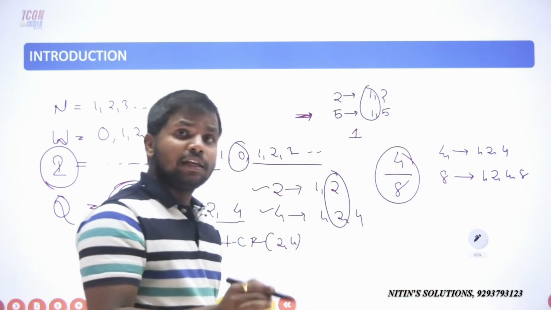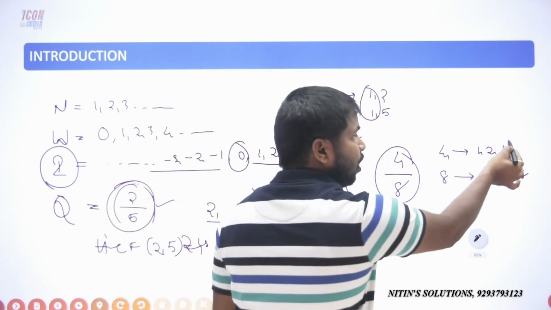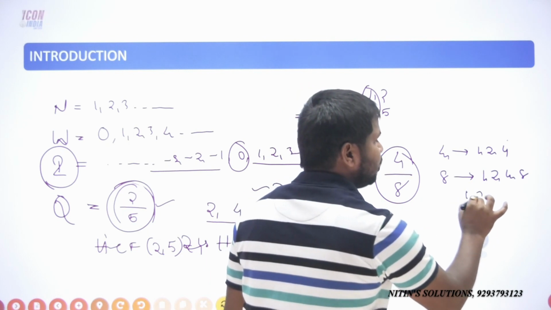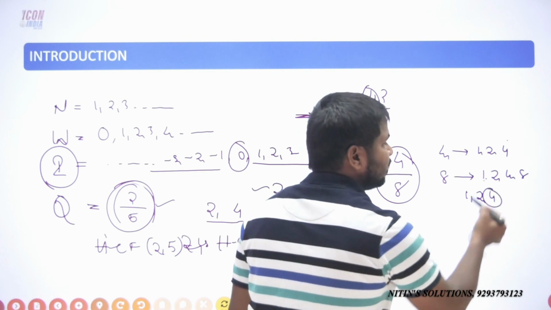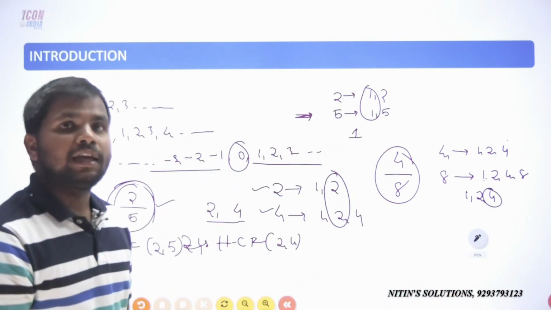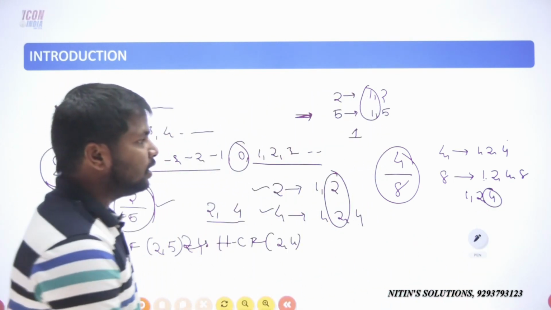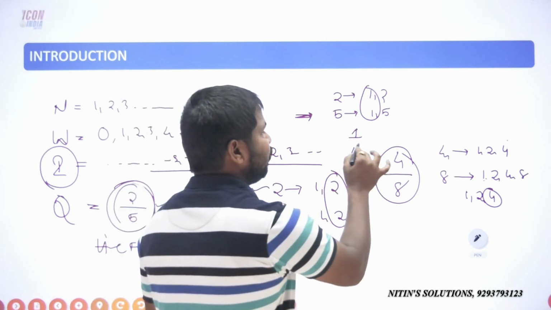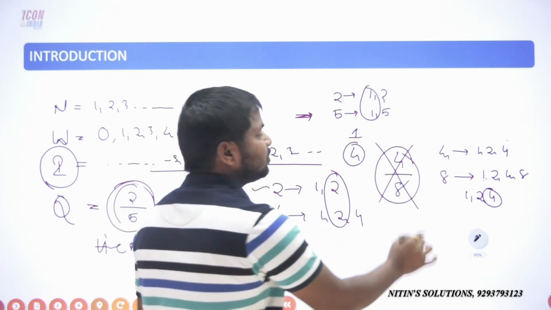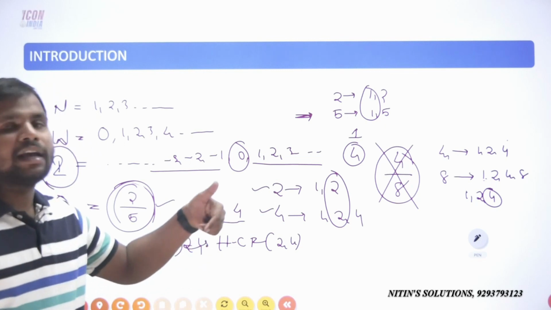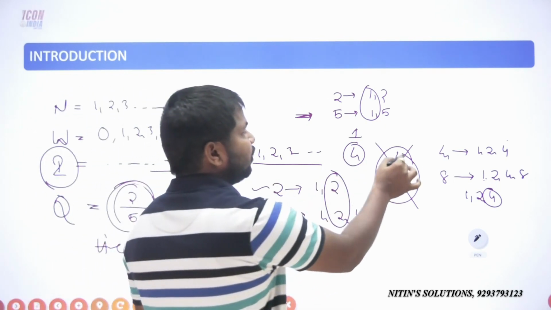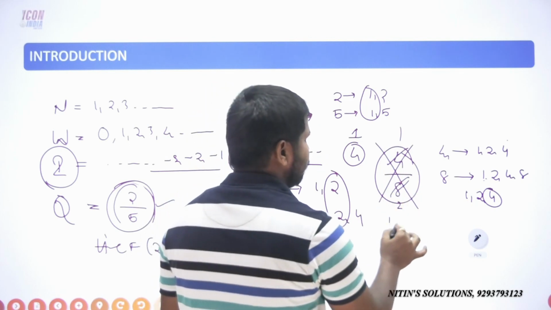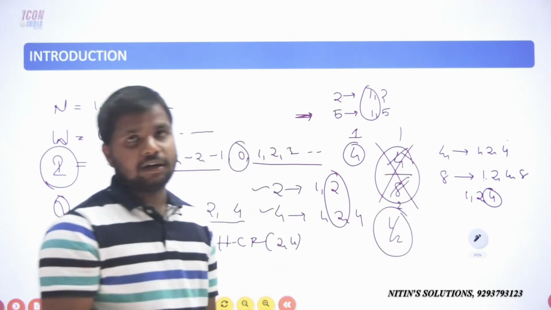The common factors are 1, 2, 4, and among them the highest is 4. As the HCF is 4, we cannot call 4 by 8 a rational number. We can call it a fraction. If you simplify by dividing by 4, 4 ones are 4, 4 twos are 8, so we get 1 by 2, and we can call 1 by 2 a rational number.